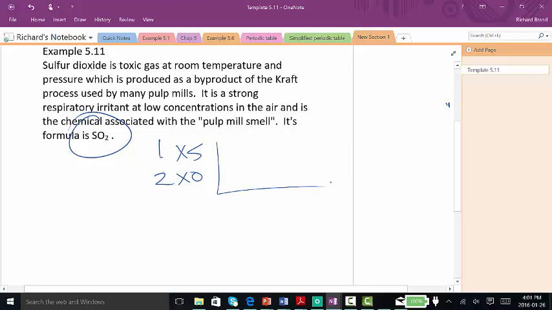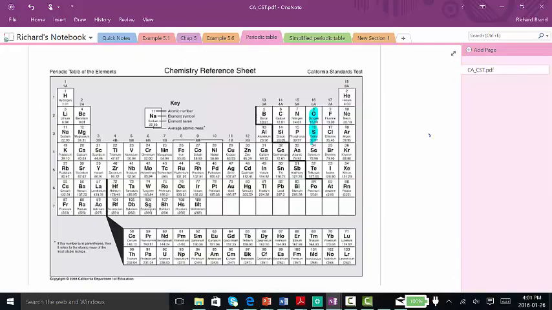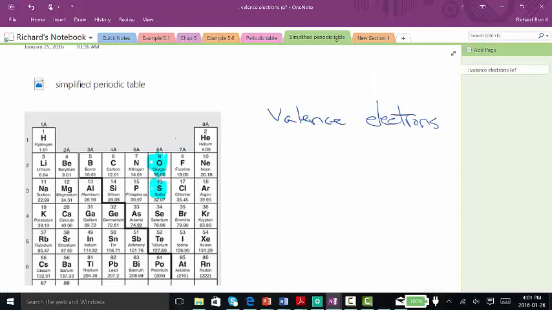So I need to find out the number of valence electrons present in this molecule. What I'm going to do is go to the periodic table and find oxygen and sulfur. Notice that both of these atoms are in group 6A, meaning they have 6 valence electrons. Looking at my simplified periodic table, oxygen and sulfur are in the 6th column over.